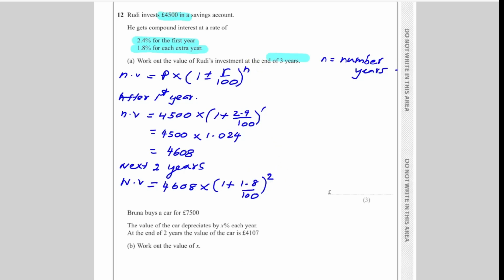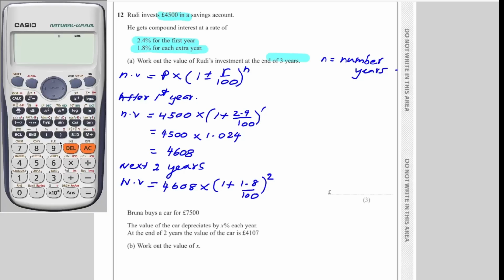So take the calculator. 4,608 into 1 plus 1.8 over 100 raised to the power of 2.